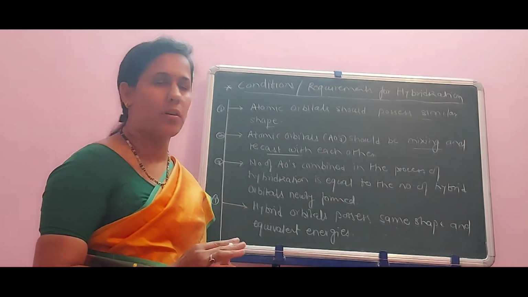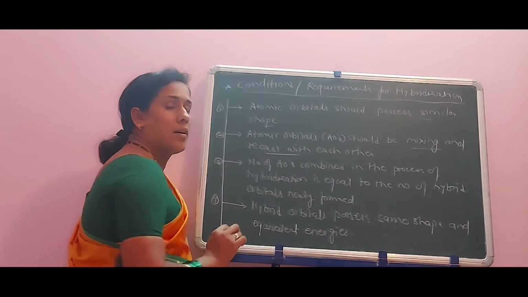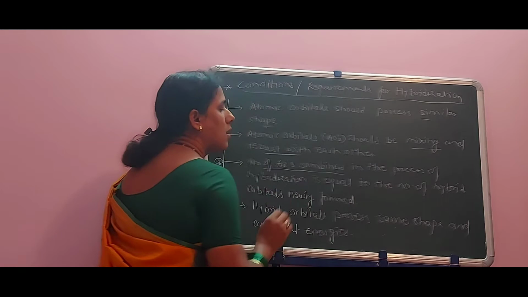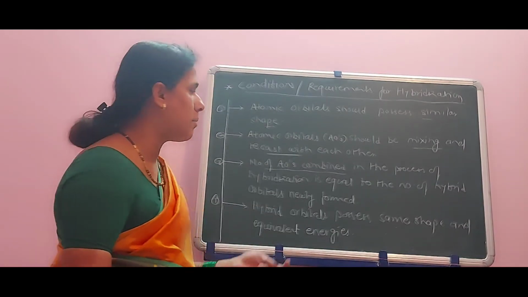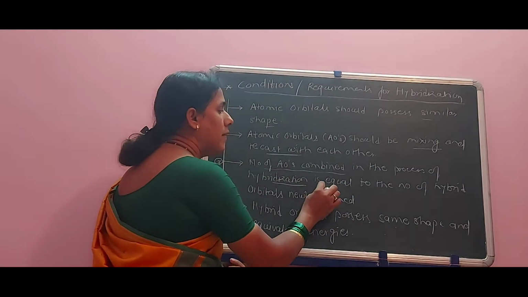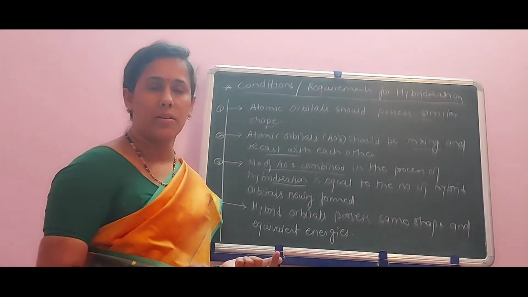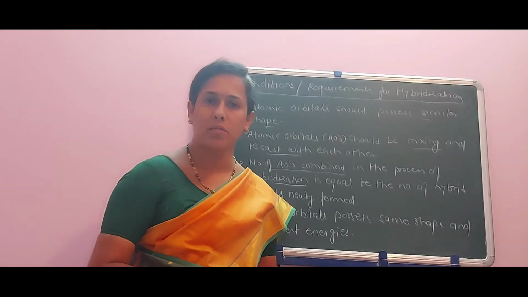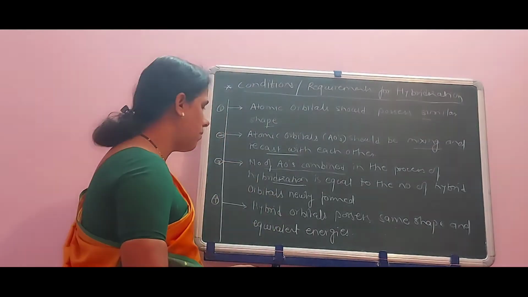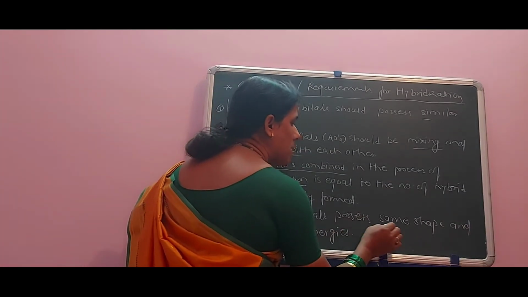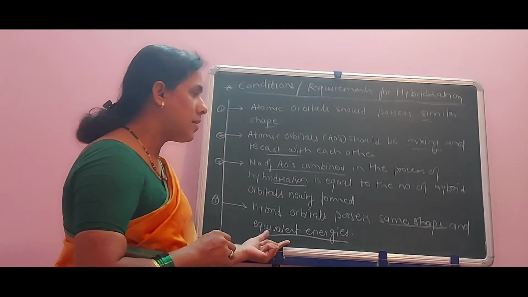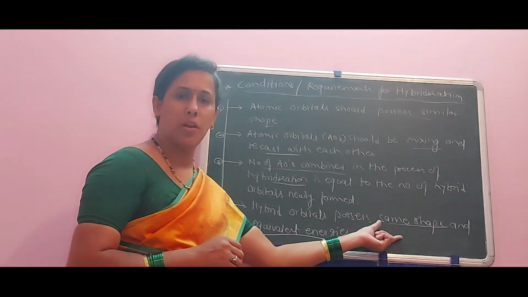This is the most important condition for hybridization. Now, if the number of atomic orbitals combined is equal to 4, then the number of hybrid orbitals is also 4. Hybrid orbitals should possess the same energy and equivalent shape.